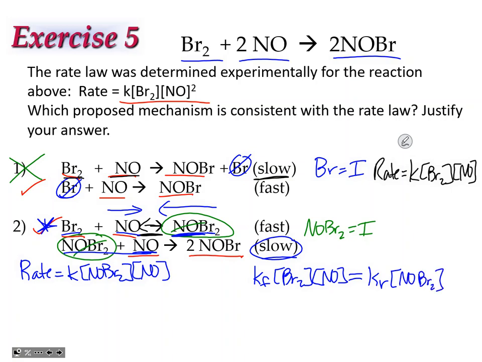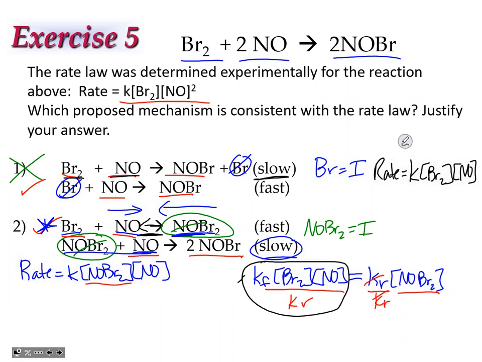And therefore, those are equal to each other since they're in equilibrium. And that's why that works. But we need to be able to substitute in for our intermediate in the slow step. So I need to isolate the intermediate here by getting rid of the k reverse over to this side. Now, I'm ready to take this and substitute it in.